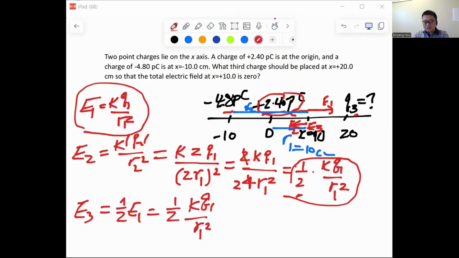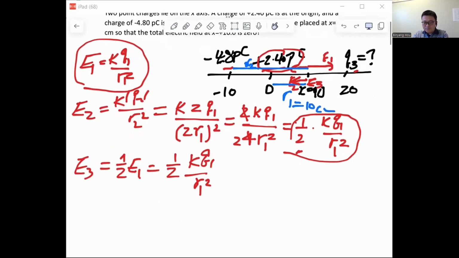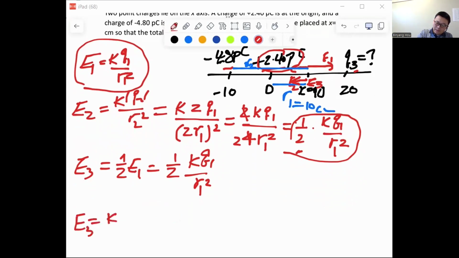Now E3 itself, if we just write in terms of kQ3 over R3 squared. Okay, so we know that E3, the electric field observed at one, should be in the opposite direction of E1, so that means it's pointing away from Q3. So then Q3 should be positive, right? Q3 is going to be positive.